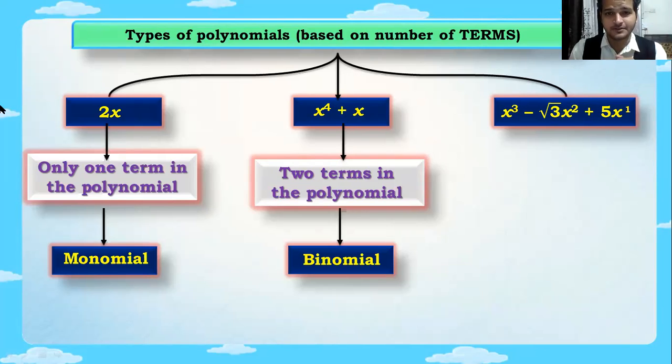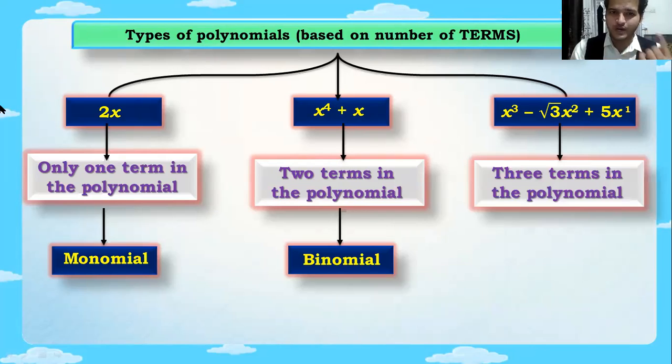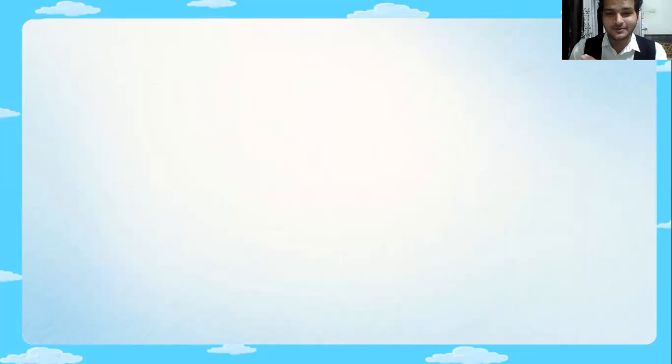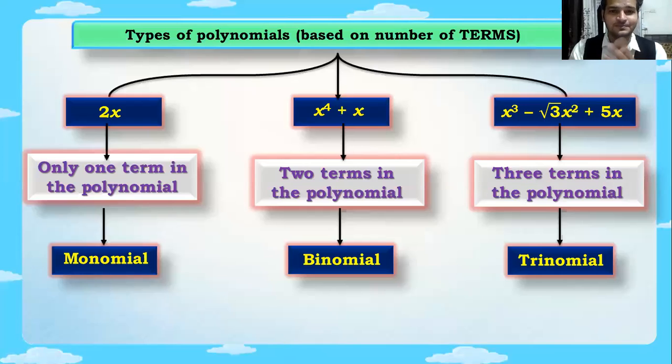And in the third part, you have three terms. So student, one term monomial, two term binomial, तो three terms क्या होंगे? Fantastic. It will be a trinomial. I simply appreciate the way you all are answering. So polynomials can be divided into three parts: monomial, binomial, trinomial. Am I clear?